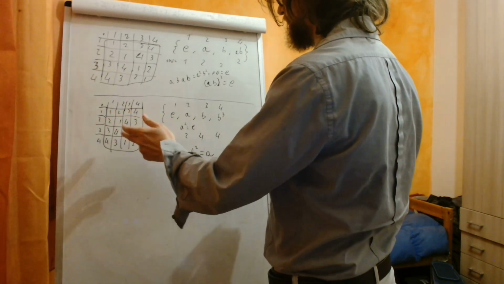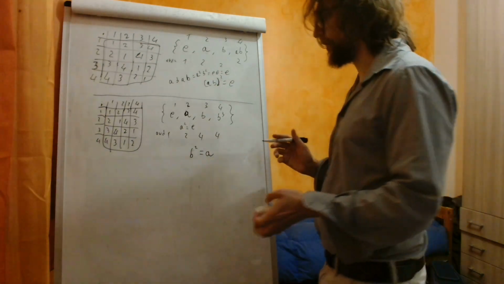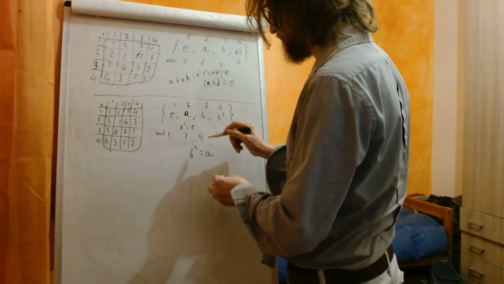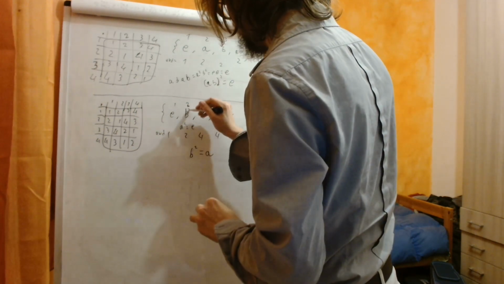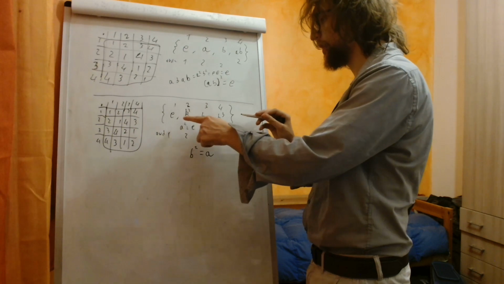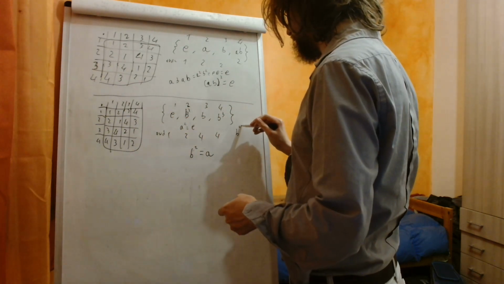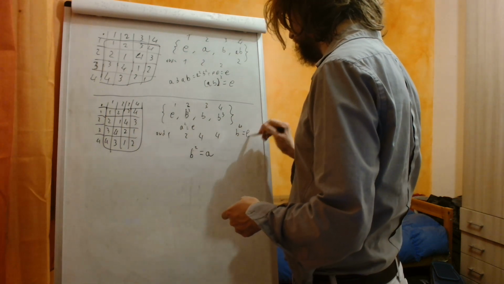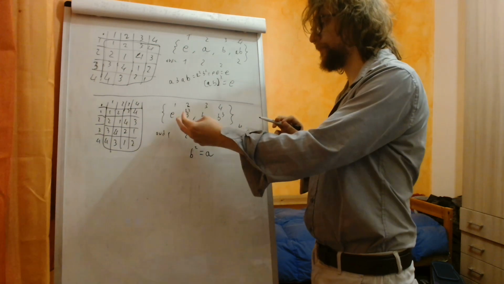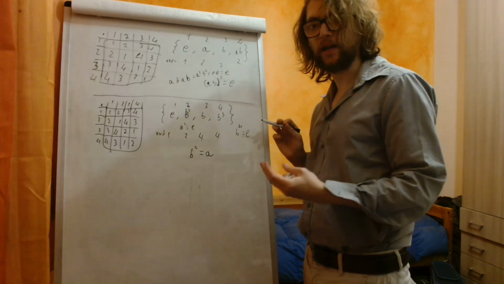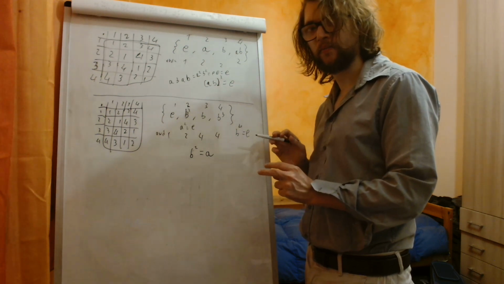In fact, 3 times 3 is 2, 2 times 3 is 4. By replacing A with B squared, we notice that our group is a set of the powers of B, with B to the 4 equals E. When a group can be written as a set of powers of only one element, we say that the element is a generator of the group.